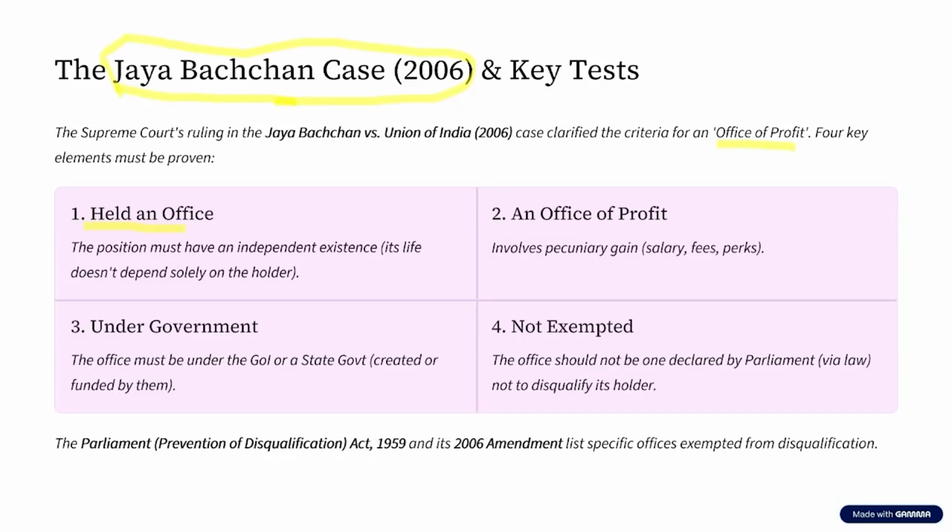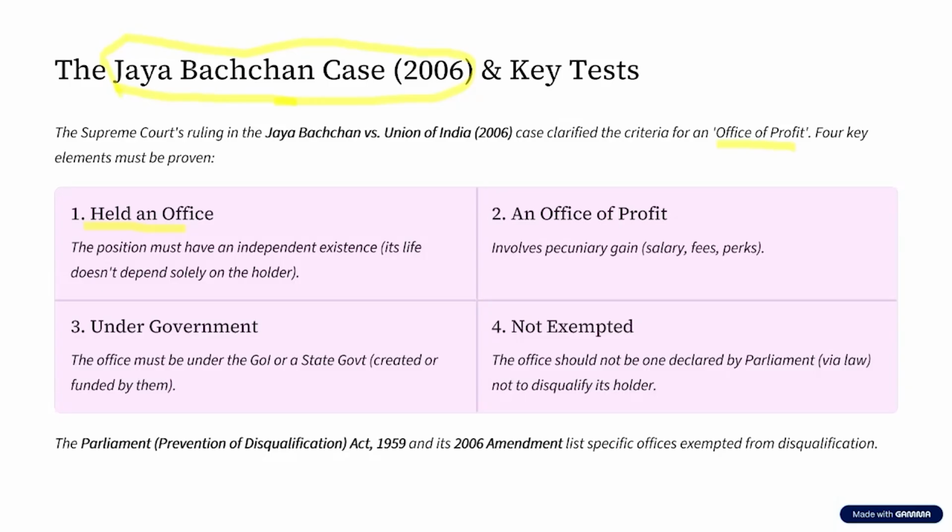Now, can this be considered as an office of profit? The first criterion is that if that office was specifically created in order to make sure that this representative holds it, then yes, it is an office of profit. But no, if there were a few other people before this person, and after this person there will be a few more people who will be the chairperson of this.